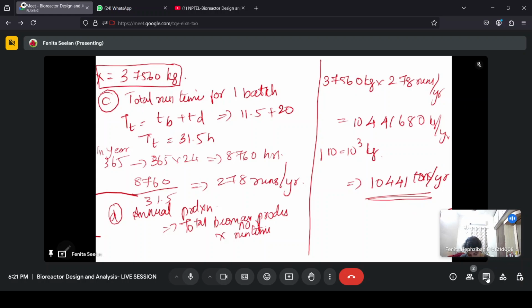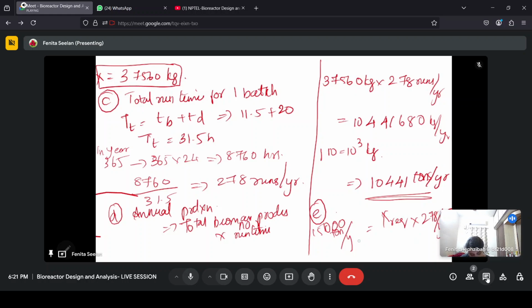So for that, we'll use the same formula, but we know the annual production, which is 15,000 ton per year. And the number of runs we know, and we don't know the exact weight, the biomass which will be produced.